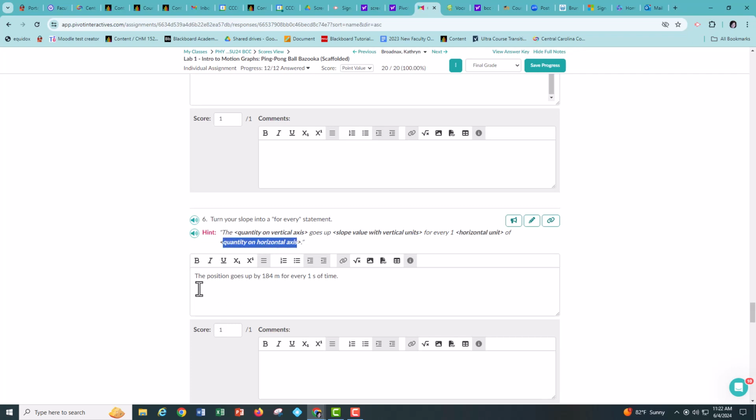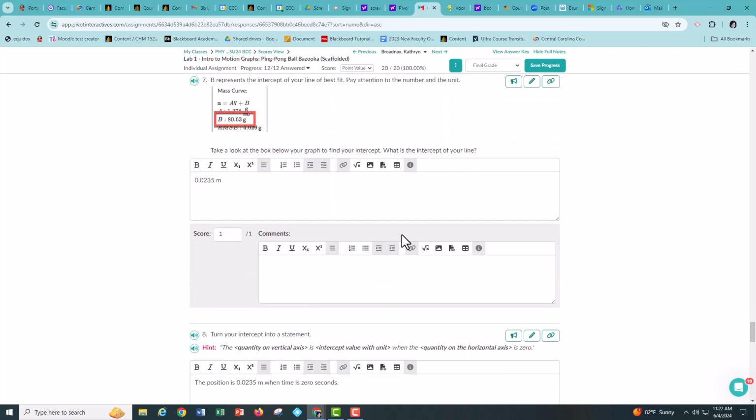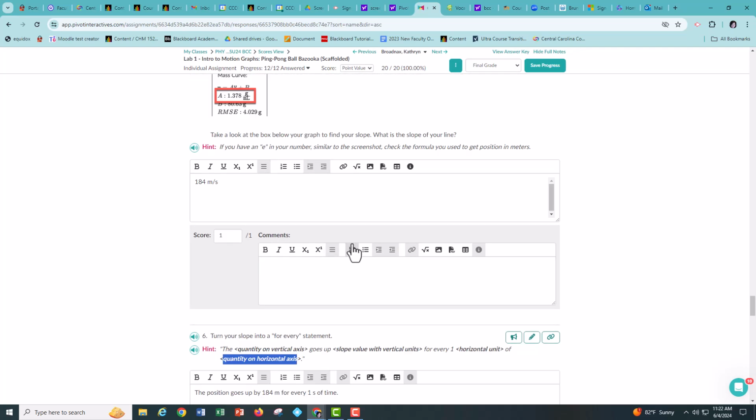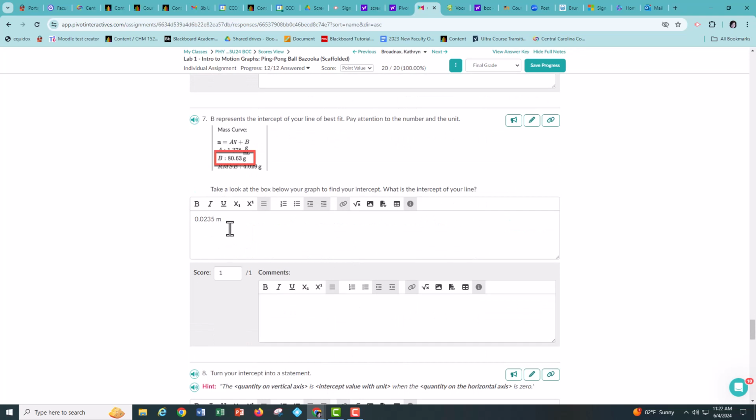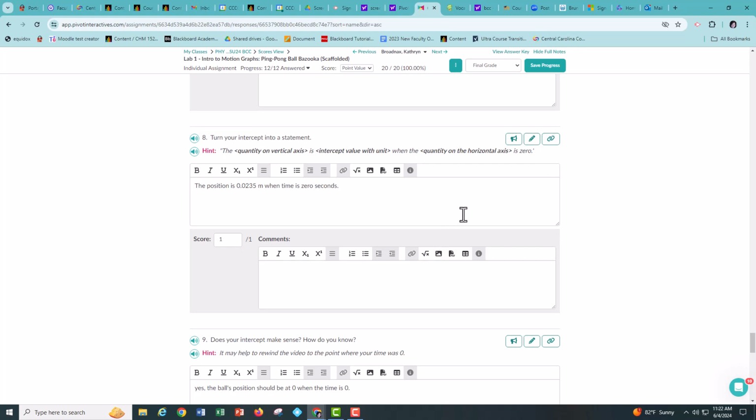So you would just say the position goes up by 184 meters every 1 second of time. And then the y-intercept was given to you as well. So you would just write that down and fill in the blanks: the position is whatever your y-intercept is, in meters, when time is 0.